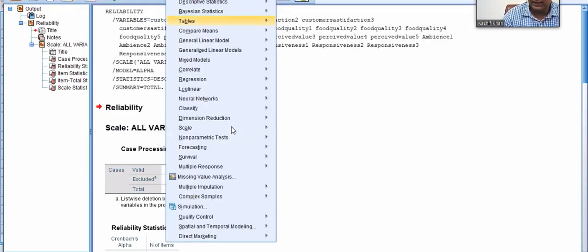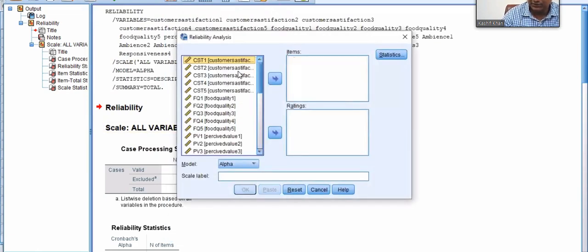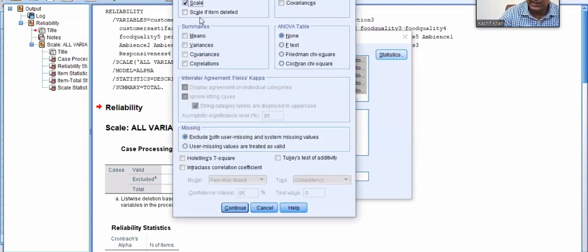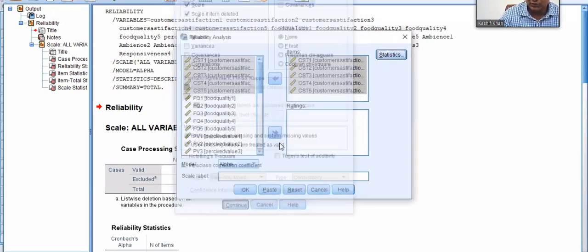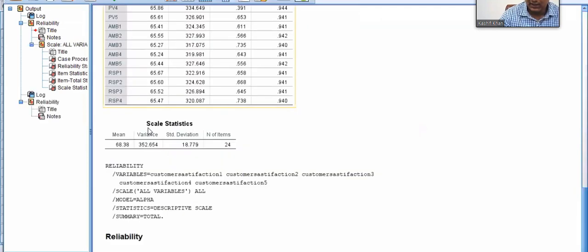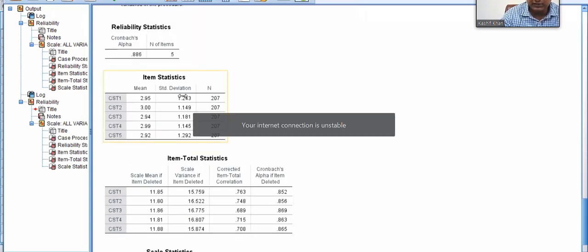So let's go back: analyze, scale, reliability analysis, reset, and let's say customer satisfaction. Again statistics, item, scale, deleted. Continue and okay. Now we have the scale, which is customer satisfaction.